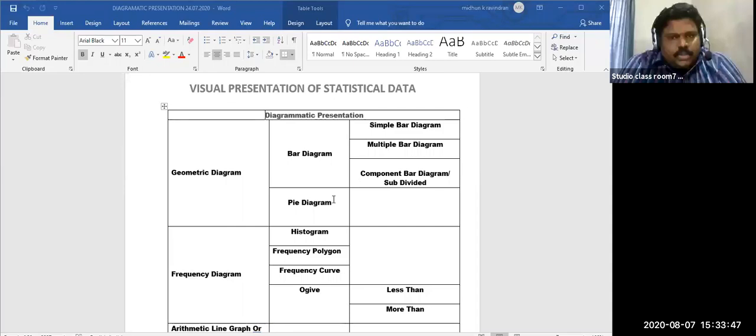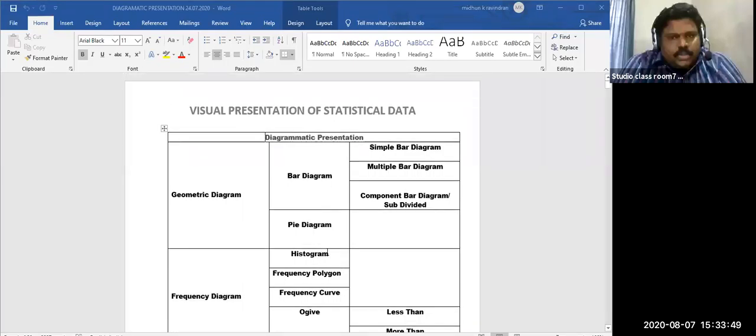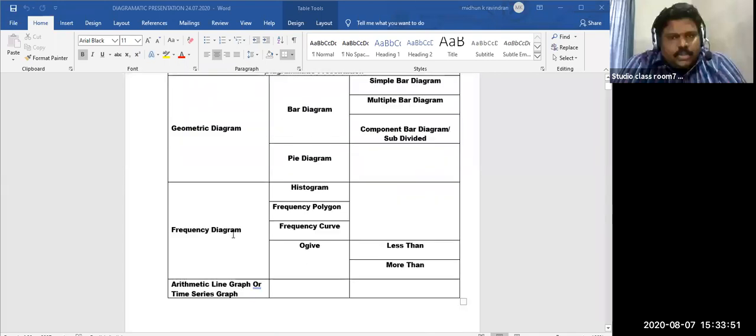Okay. Next, we are moving forward with the frequency diagrams. Note down what the frequency diagrams are. Different varieties are there in frequency diagrams.